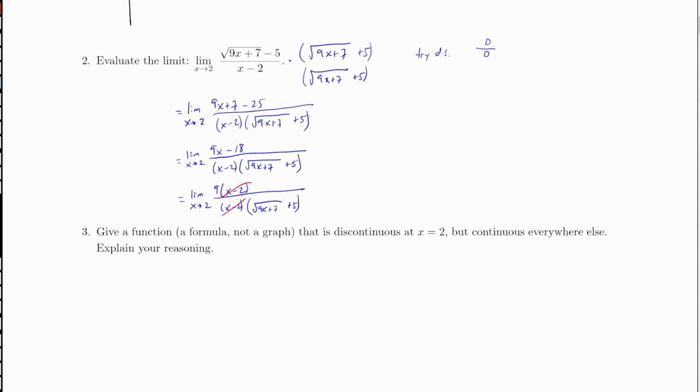Now that I've canceled that x minus 2, I can actually do direct substitution. And we'll have 9 over, when I plug in 2, 18 plus 7 is root 25. So I'll get 9/10.